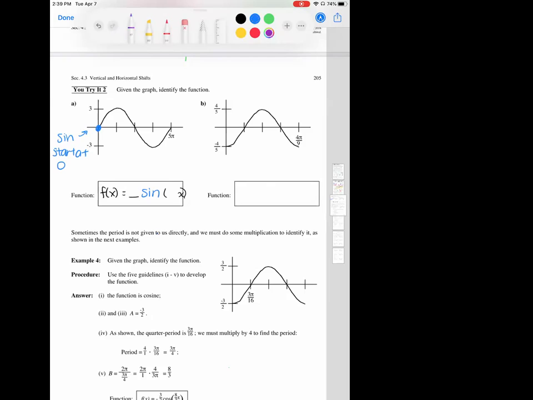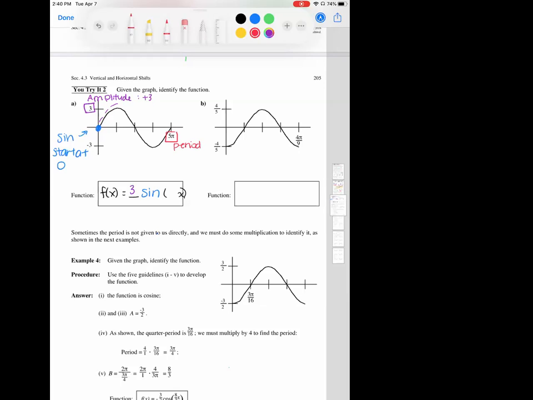Next, I know that I start at 3 and my function is moving up, not moving down. So this lets me know my amplitude. It's going to be 3, but most importantly, it's not negative, it's positive 3. So I just write in 3. Next piece of information, I see I have a period of 5 pi.